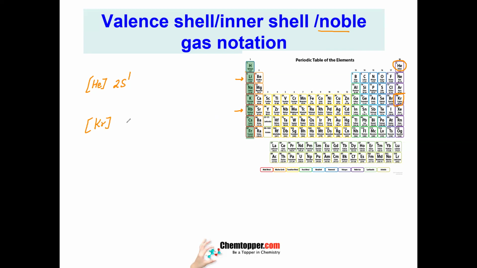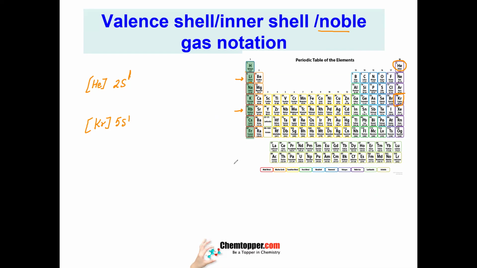Bhavya, good. 5s1. You check any configuration like potassium, cesium, check any one of them. Don't you think that their outermost shell has only one electron in all of them? This is 1s1, this is 2s1, this is 3s1, 4s1, 5s1, 6s1.